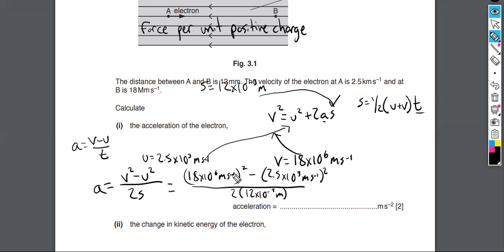Yeah, I got the same answer that I got a moment ago. So I'm either making the same mistake again and again, or this is the right answer.